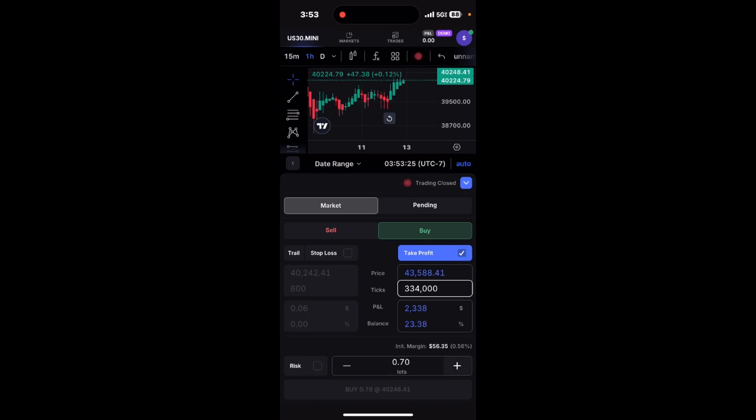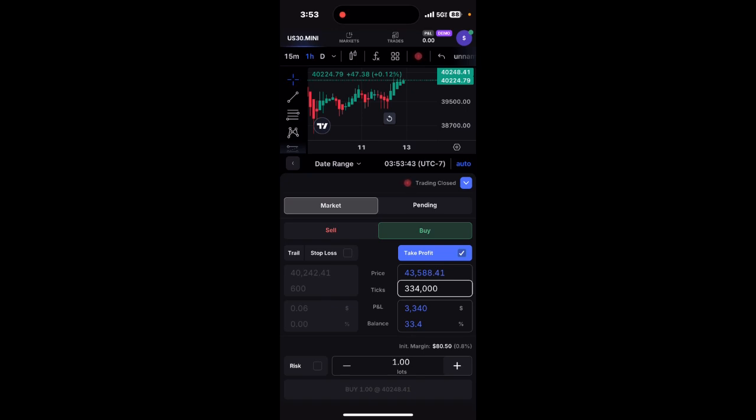So if you get the same 334,000 ticks, once you get to $1, you're basically making the same amount.